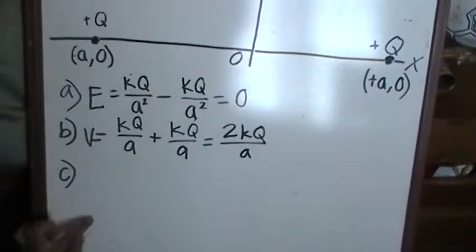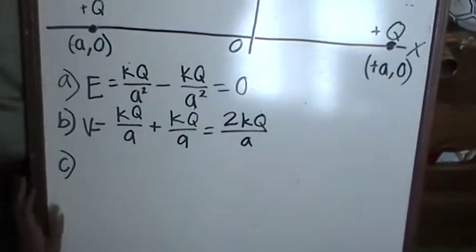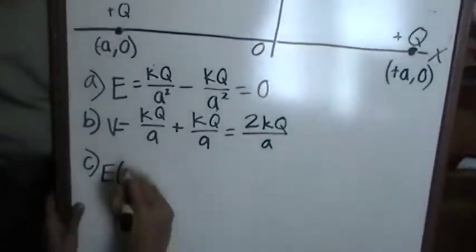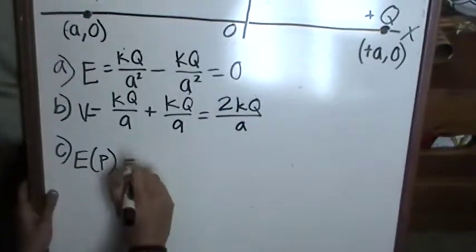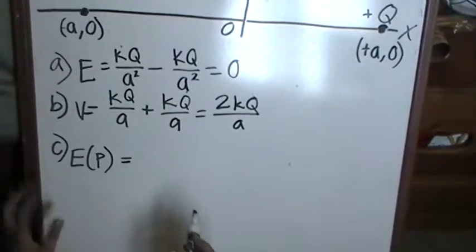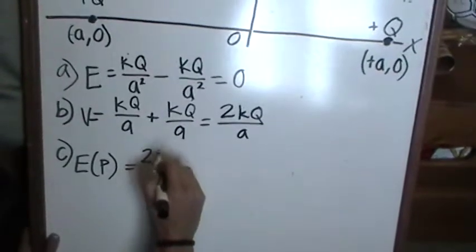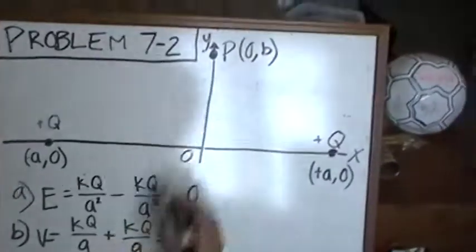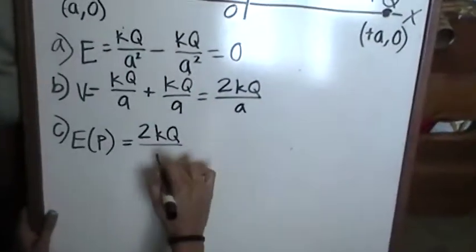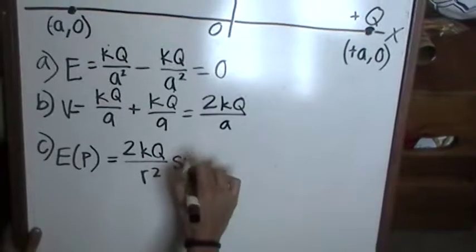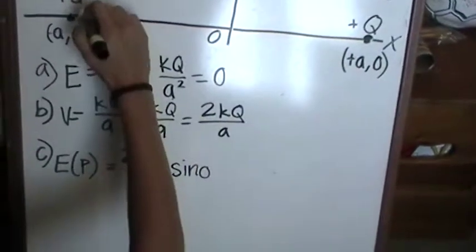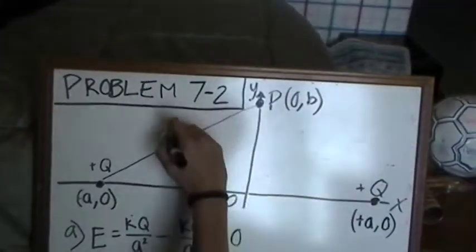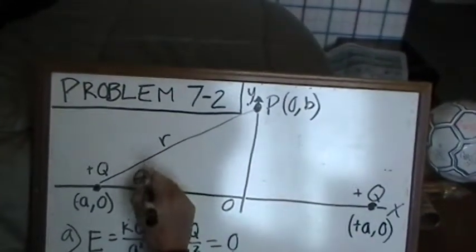Alright, part C. The magnitude of the electric field at point P. So this up here is point P. So the electric field at point P would equal 2KQ over R squared sine theta, because here you draw your little triangle going like this, and this would be R, this would be theta.